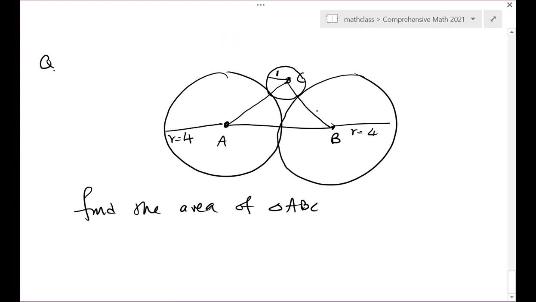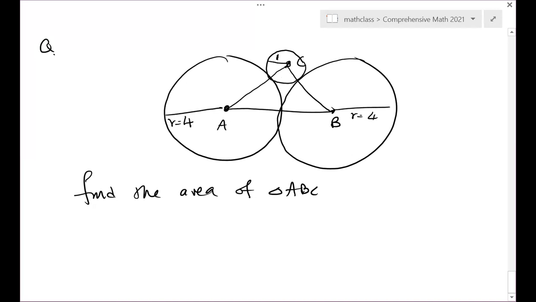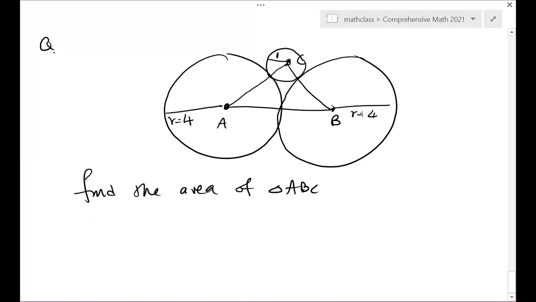So now you get three centers that form a triangle, and you are trying to find the area of this triangle. Please work on this problem.